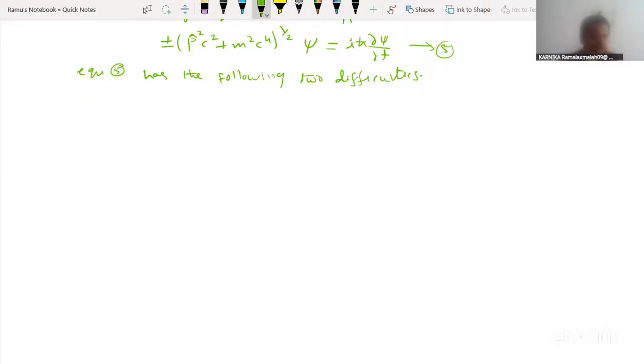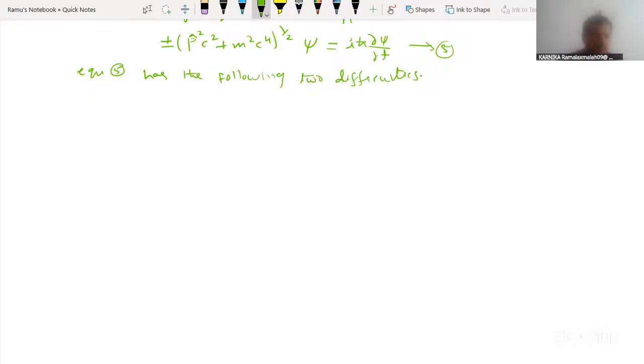Second one is it is difficult to interpret the square root of any operator. If this difficulty is explained in terms of power series, then space and time derivatives become unsymmetrical. This implies difficulty for the formulation of a convenient theory.